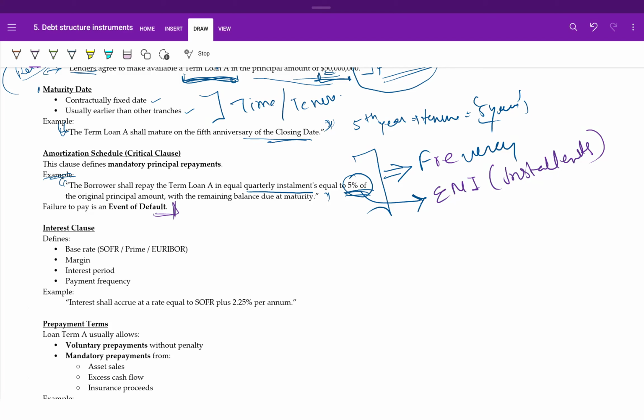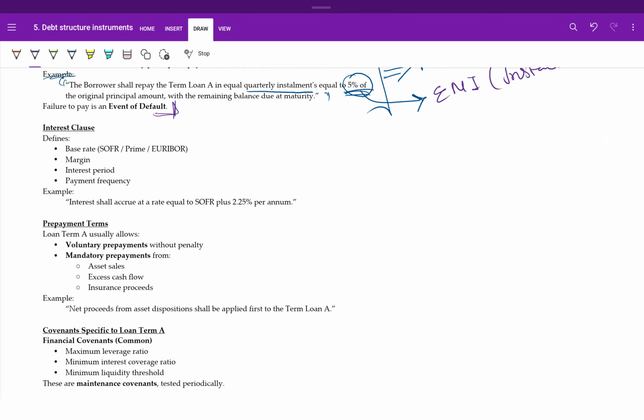Now, after this, there is a clause for interest in the term loan A agreement. The interest clause defines the price of remaining risk, and it specifies a base rate, a margin, interest period, and payment frequency. The example here is that the interest shall accrue at a rate equal to SOFR plus 2.25% per annum.